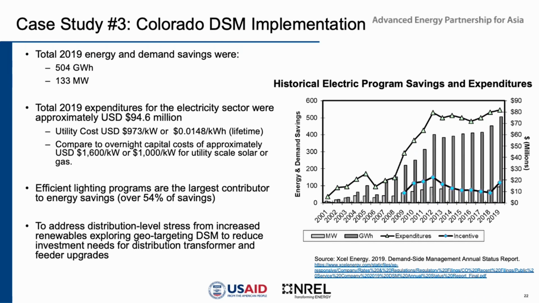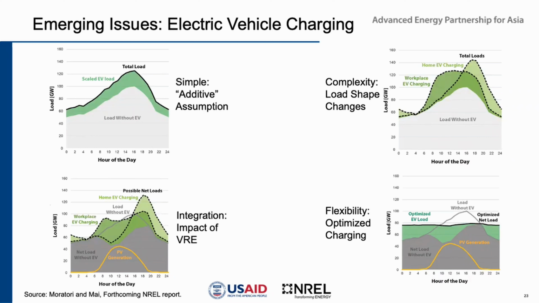Okay, now we can look at some of the emerging issues in demand-side management, and here we'll focus on electric vehicle charging. And we have 4 examples here of how electric vehicle charging could change and either help support managing the grid or create increasing challenges.